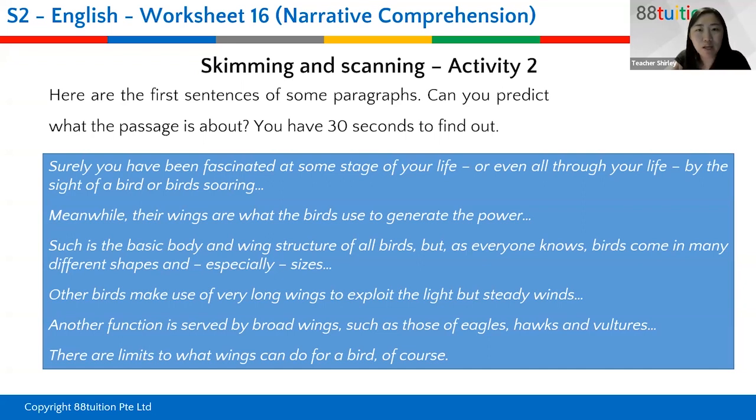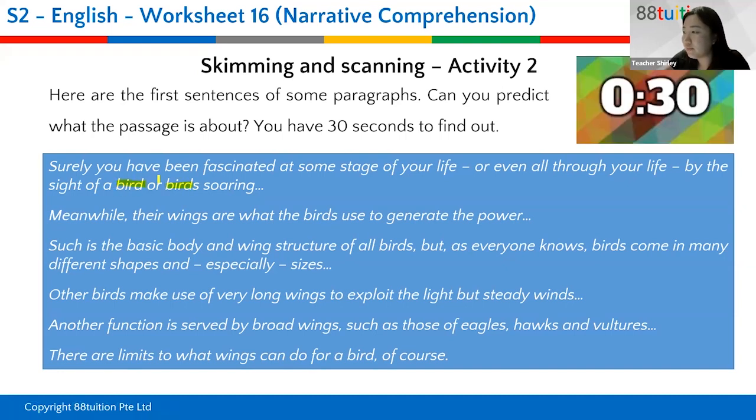Okay, so I think you do see a lot of repetitive words like birds, right? So the first paragraph is birds, birds. The wings are what the birds use to generate the wing structure of the birds. Almost every line has the word bird, except for the second last one, which actually they do have examples of birds like eagles, hawks, and vultures. So definitely this text is about birds.